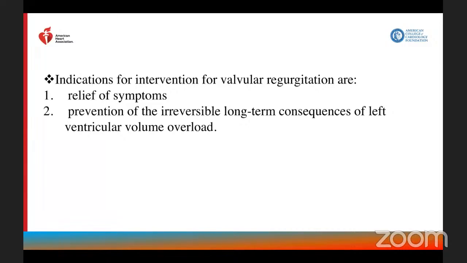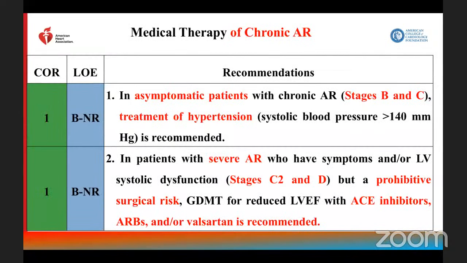So the indications for intervention for patients with valve regurgitation are to relieve symptoms and to prevent the irreversible long-term consequences of left ventricle volume overload. In medical therapy for patients with chronic aortic regurg, an asymptomatic patient with chronic aortic regurg who's stage B and C, treatment of hypertension if systolic blood pressure is more than 140 is recommended.